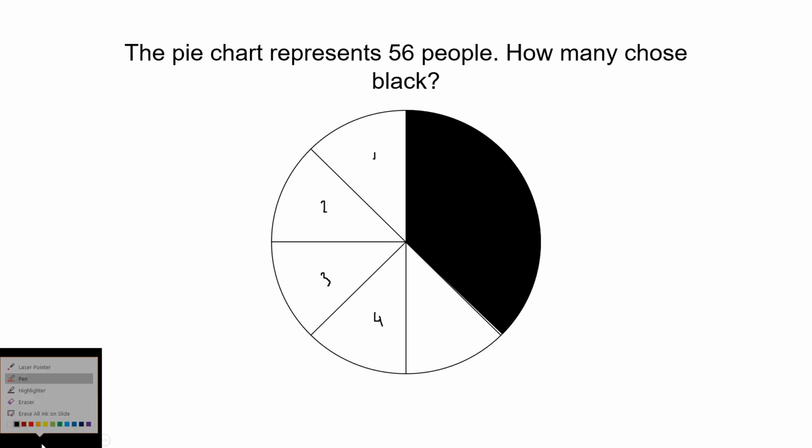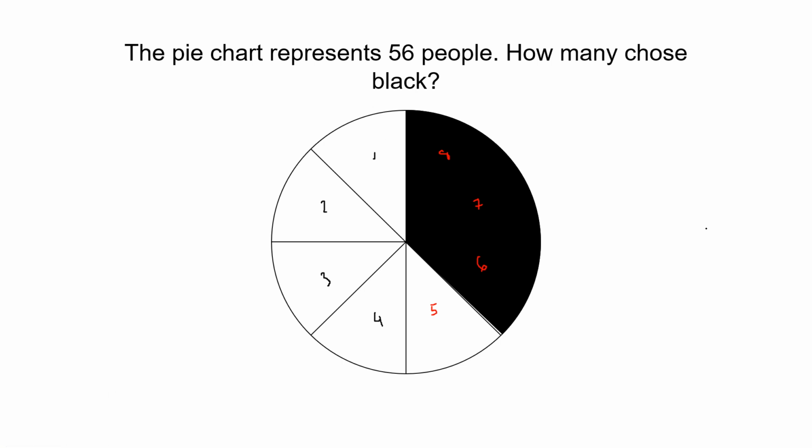So if we were to finish labelling, we've got 1, 2, 3, 4, 5, 6, 7, 8. So we now know that our pie chart is split into 8 sections. So for each one of our sections, we're going to find out how many they represent.